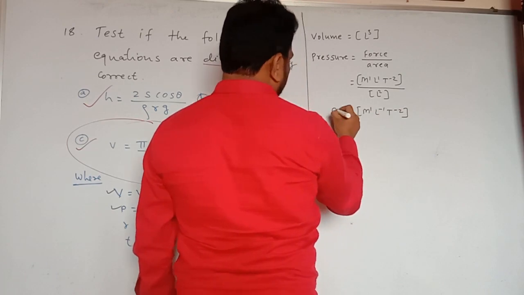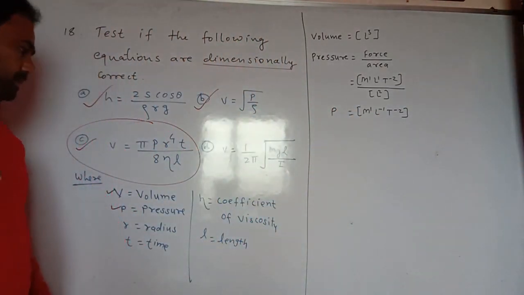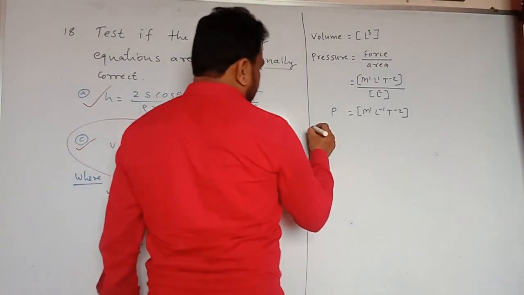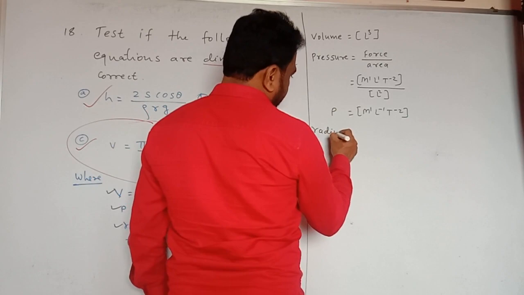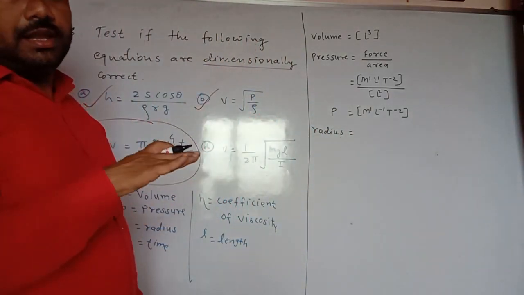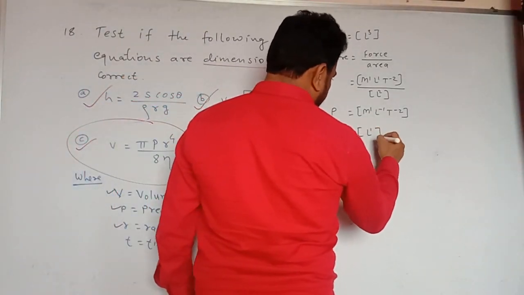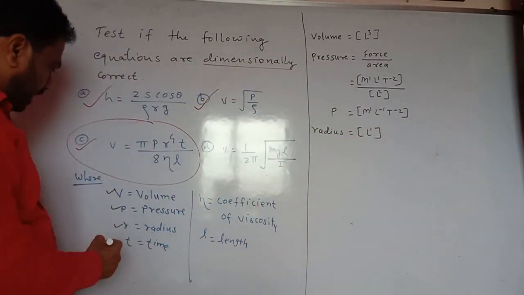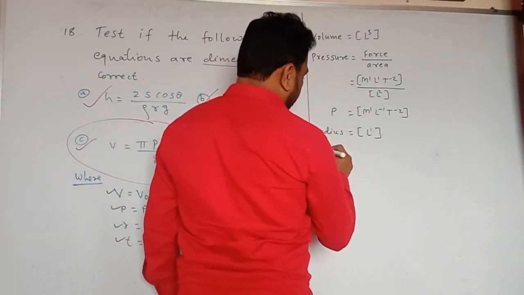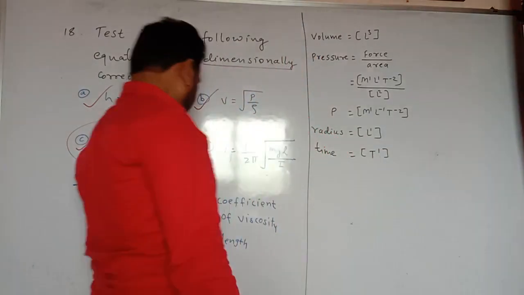So this is for pressure. We already calculated this pressure in our previous lectures. Then radius. Radius is just a length, therefore the dimension of radius is L1. Then time, so the dimension of time is obviously T1.